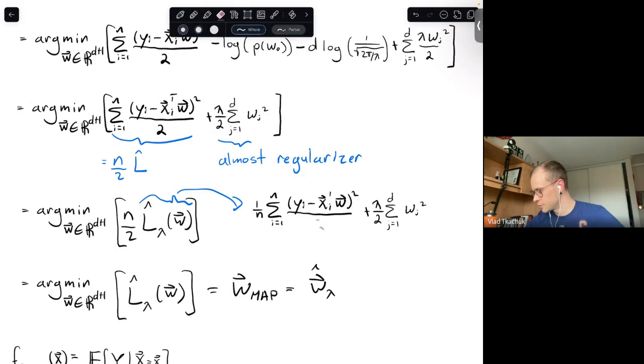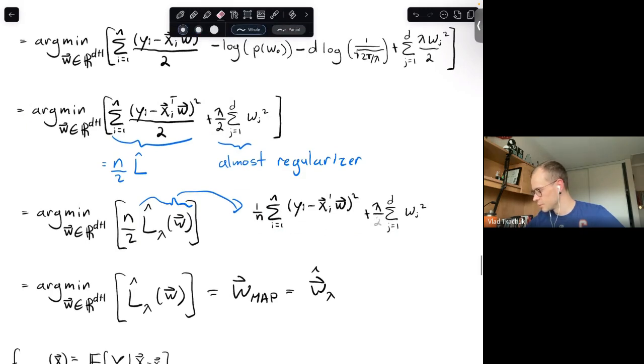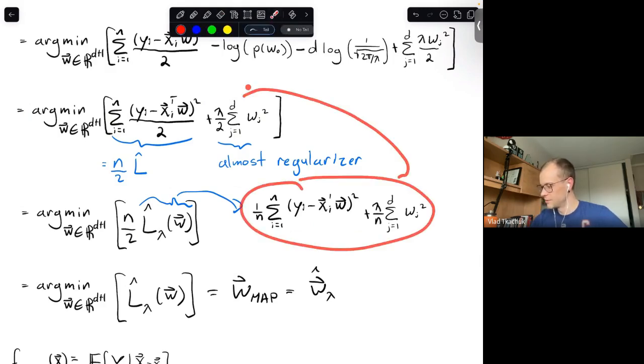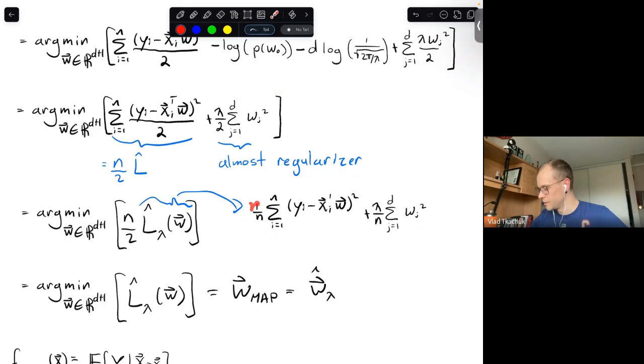It does not have a 2. And it has a 1 over n here, and it doesn't have the 2. So the question is, how do I get from here to here? Well, I multiply by n, so that this 1 over n goes away. And I divide by 2. I put a 2 here. And that's exactly what this term does. So I get that back.